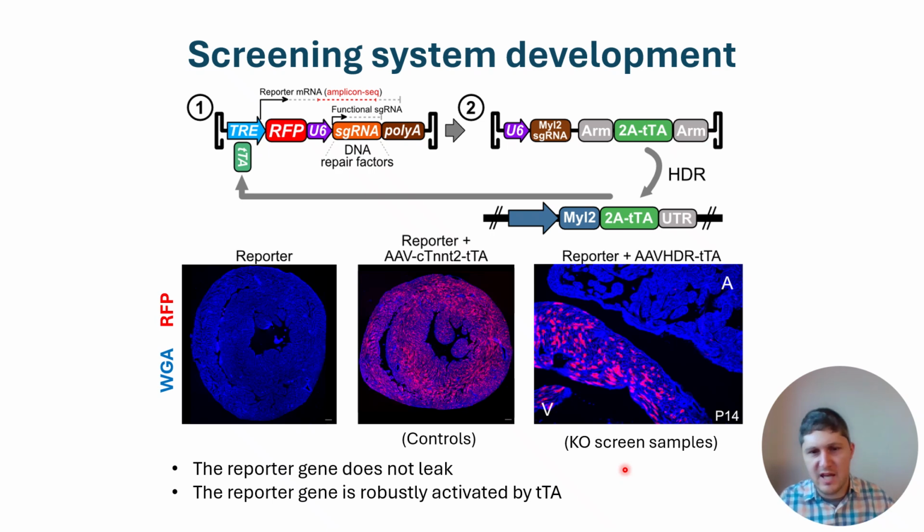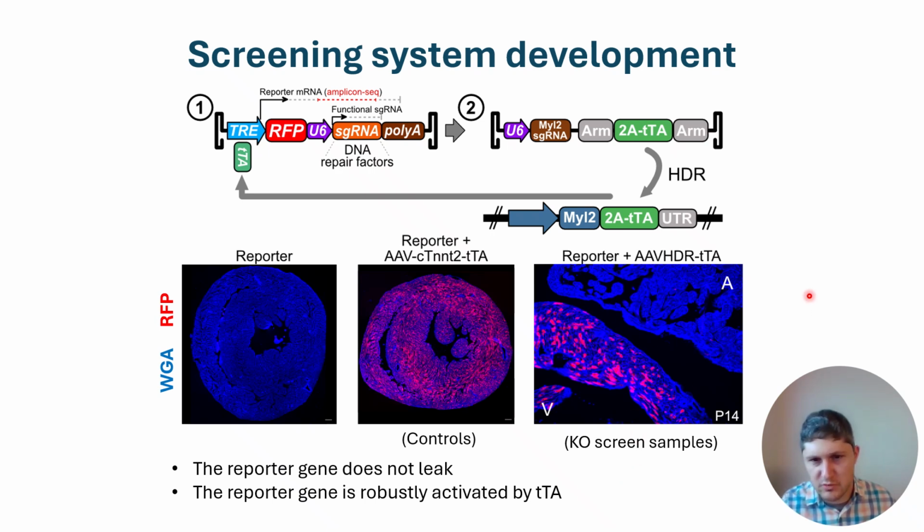And then finally, for the actual experiment, we delivered our library of guide RNAs and the reporter gene at birth. 10 days later, we're injecting our HDR donor virus and getting precise insertion of TTA within the MYL2 locus. And so that results in a strong activation of our reporter gene, specifically in the ventricle.